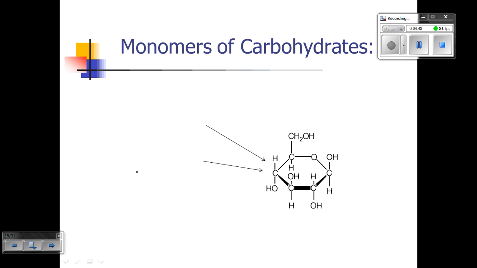All right, so let's talk about the monomers of carbohydrates. Last week, we talked about how a monomer is a single molecule, the smallest subunit or smallest molecule or the building block. So when we're talking about monomers, we're talking about building blocks.